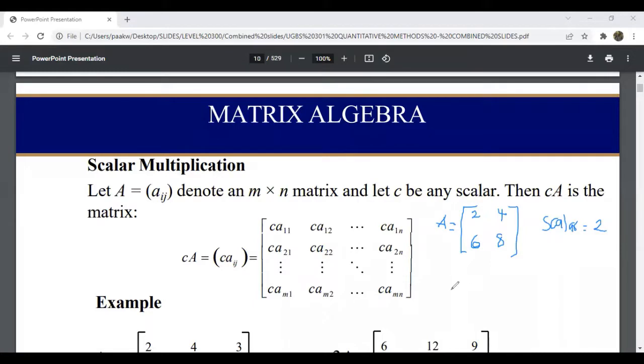Your final answer will be 2A. You use the number 2, which is the scalar, to multiply each and every element in the matrix. So it will be 2 multiplying 2, then the same 2 multiplying the 4, the 2 multiplying the 6, and the 2 multiplying the 8. Do you get it?